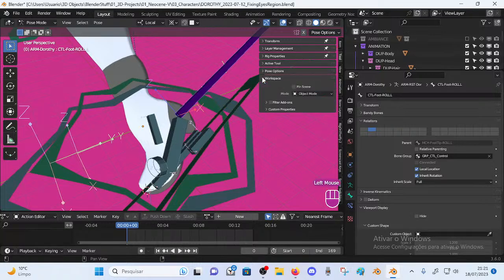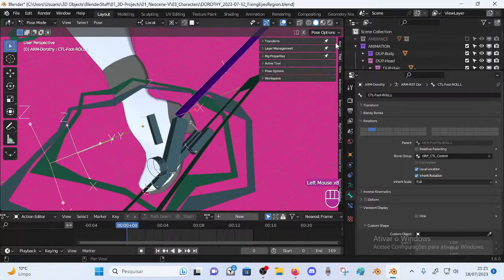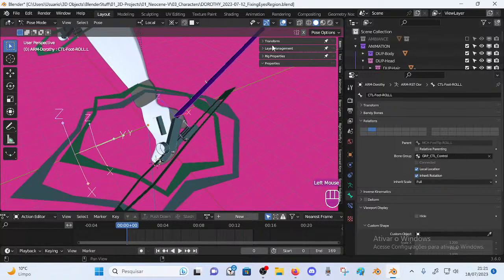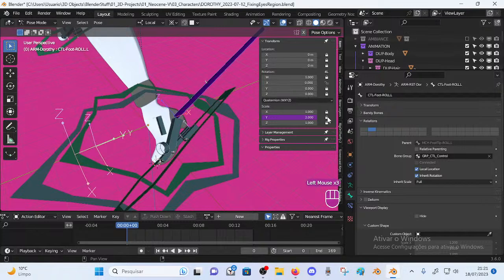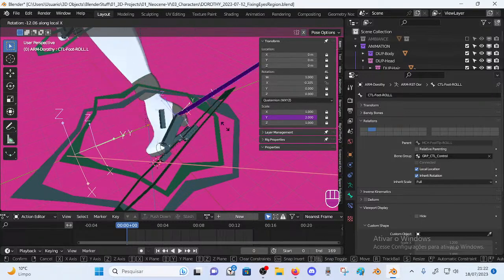I need to find where those properties are. I don't even remember. Here. So the properties are on this bone, and let's see, high heels. This is the scale of that bone, which is locked, so I can rotate this on the x-axis for doing that, okay?